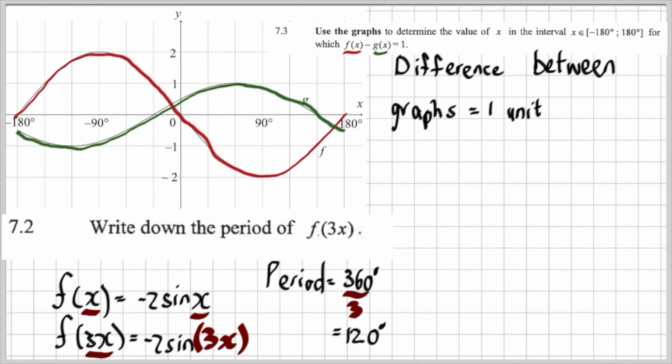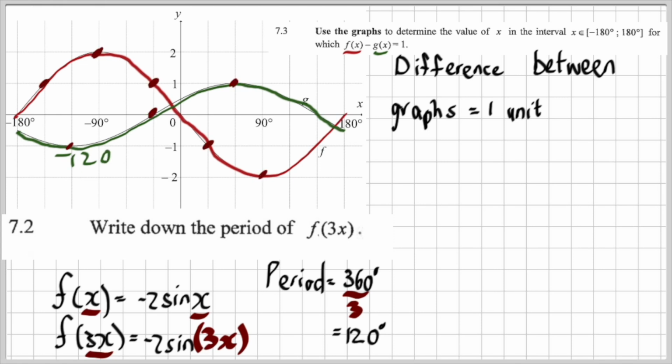So what I love to do is take my graph and look at special points on the graph: zeros, ones, twos, where you can very clearly see differences. Because if you look at negative 180, we don't even know what the y value is. So what I love to do is just highlight the special points. First of all, I have that negative 120 there.